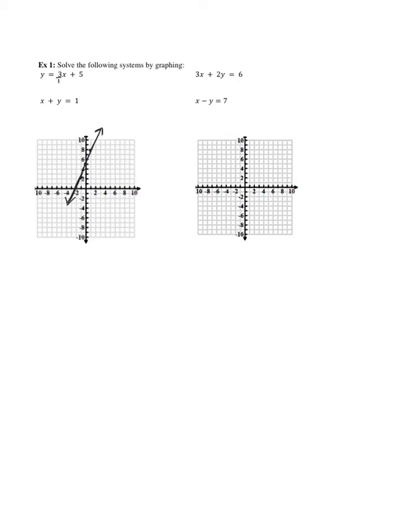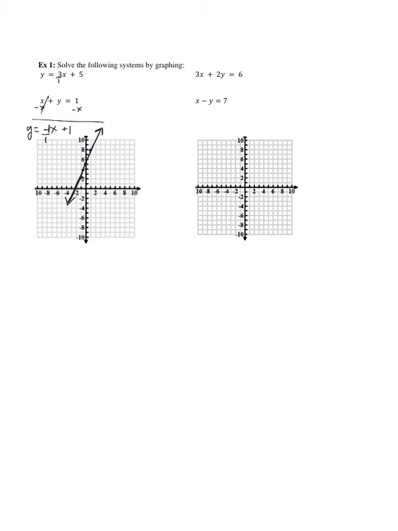Here this is not in y equals mx plus b form, but I can easily get it that way by subtracting x from both sides. So then this would be y equals negative x plus 1. Negative 1 is the coefficient of x, so the slope here is negative 1 over 1.